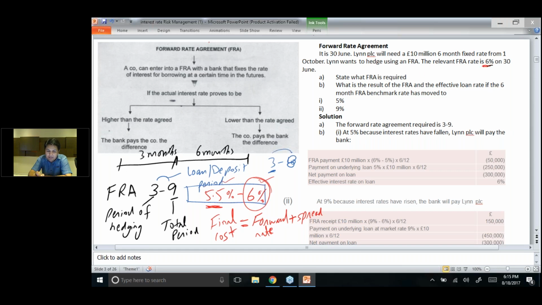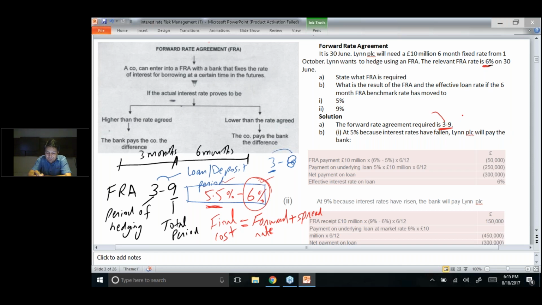Okay, this is a very simple example. In this example, 6% is straightforwardly given, otherwise this terminology will be available in the exam. State what FRA is required. FRA 3V9 is required because you need to hedge a 3 month period, and obviously you will take a loan for 6 months.